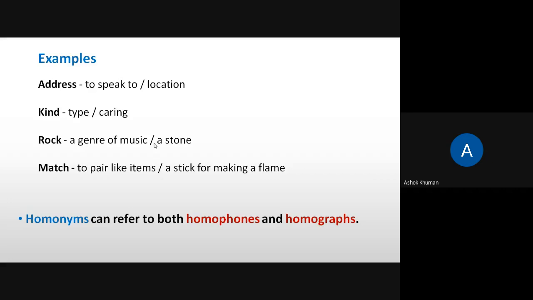Another meaning is a type or genre of music, that is rock. And match. Match means a matching pair, matching color or matching anything. And match is also a matchstick, a stick for making a flame. So you can see here four examples. They are examples of homonyms.